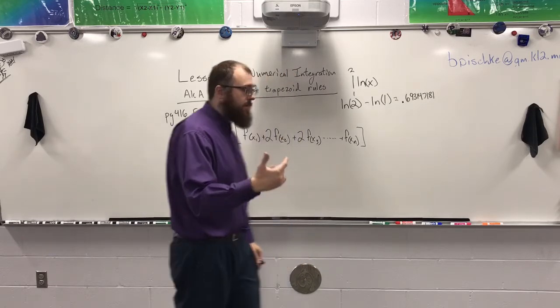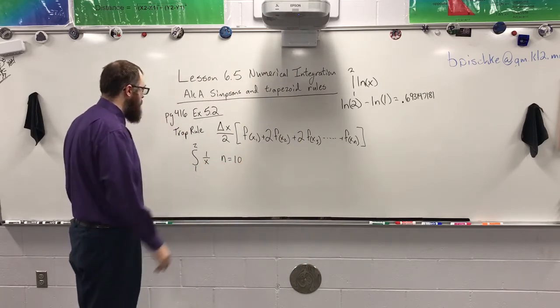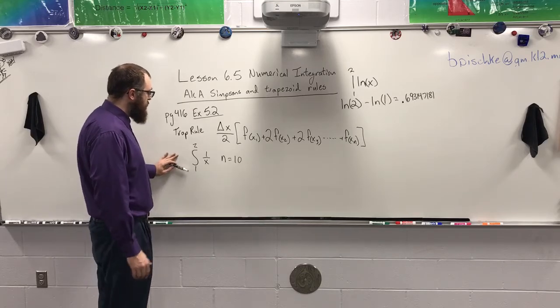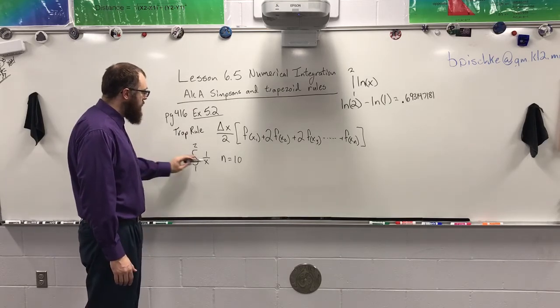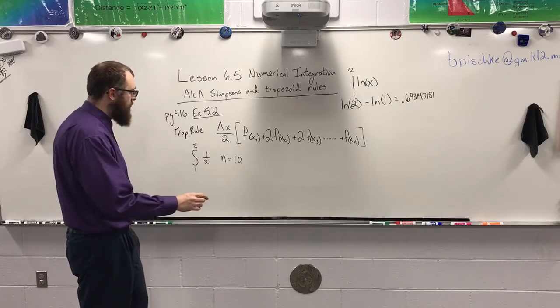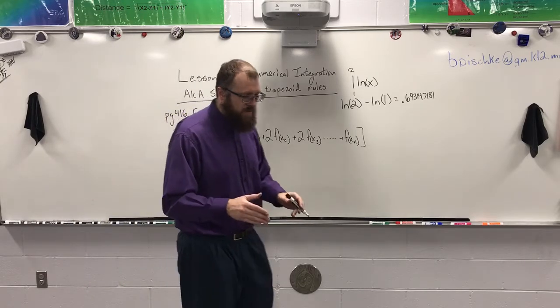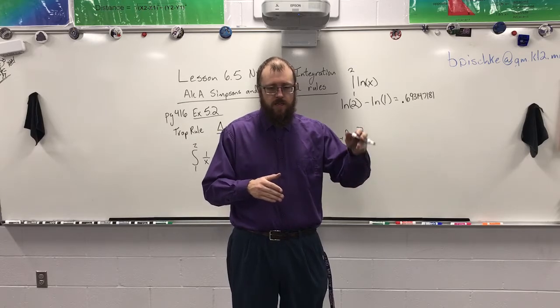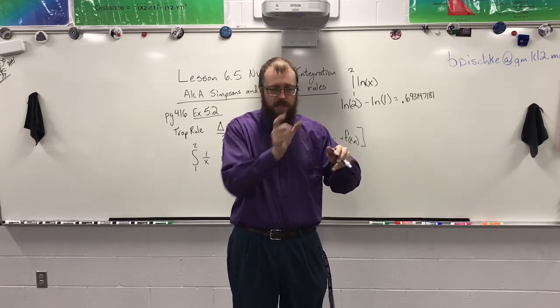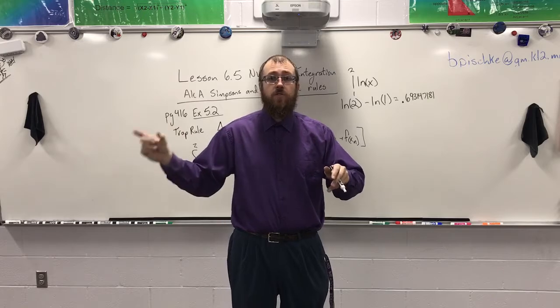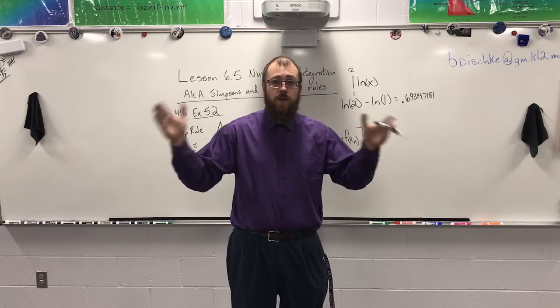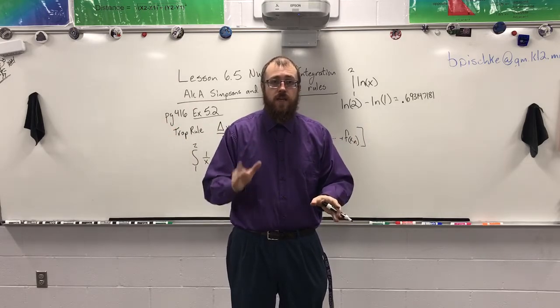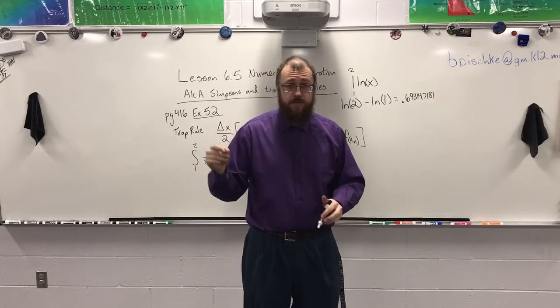But now let's come back to the actual problem and what it's asking us to do. So we need to break up the zone from 1 to 2 into 10 tiny pieces. Now the 10 tiny pieces means we'll actually have 11 values, because you have your start and your end, and there's 10 sections in between. If I break up one unit into 10 sections, I'm breaking them up by 1/10.